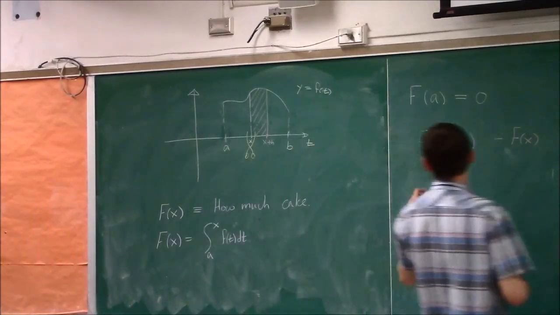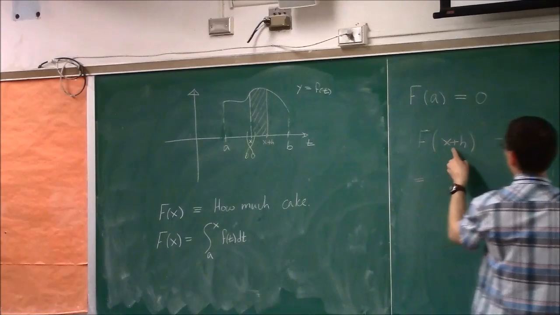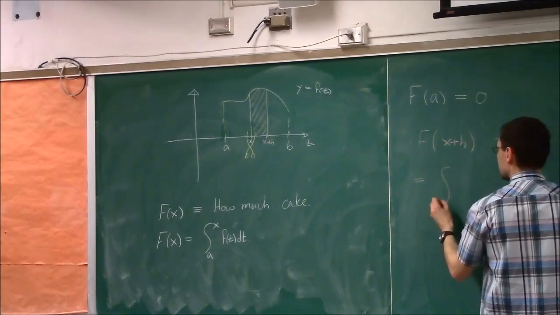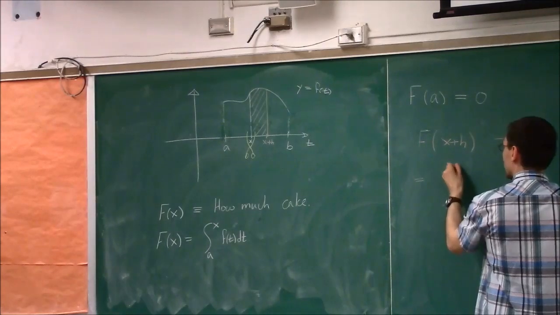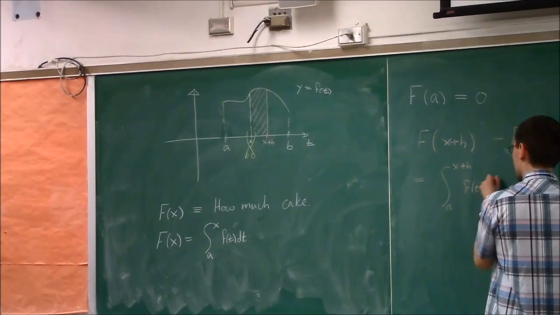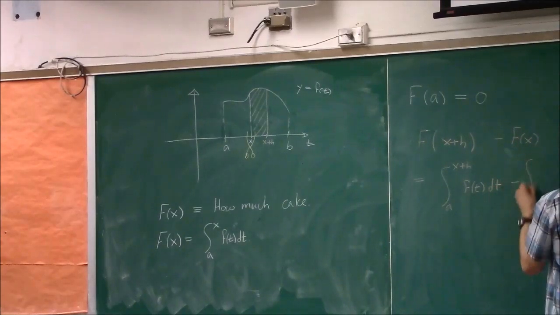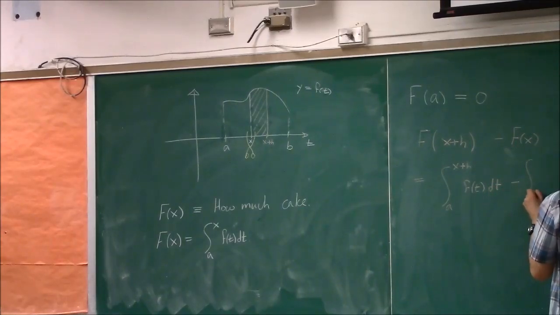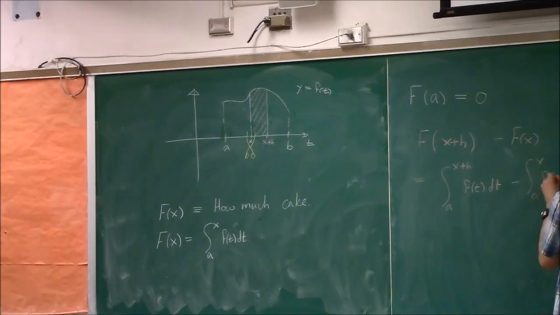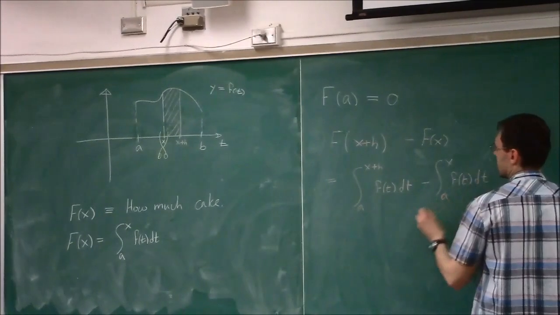Now what is that going to be? F of x plus h minus f of x. It's going to be the integral from a to x plus h of f of t dt minus the integral from a to x of f of t dt. I can express this as one integral.